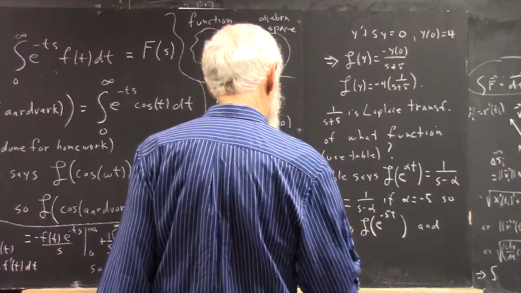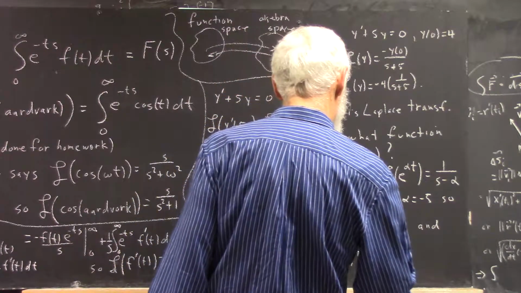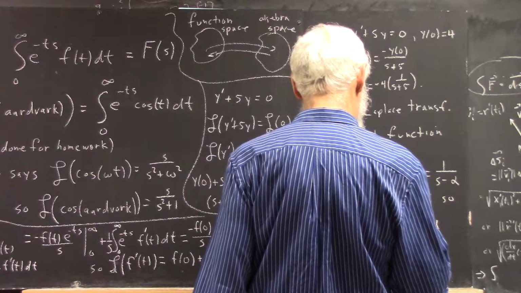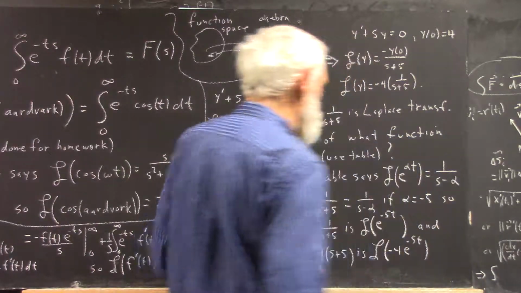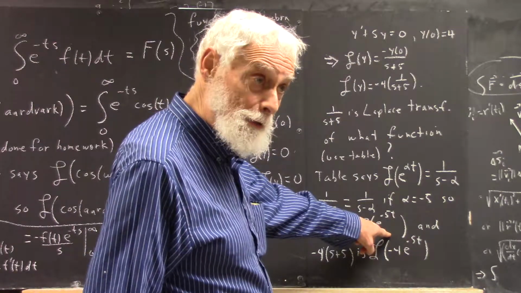And negative 4 times 1 over s plus 5 is the Laplace transform of negative 4 e to the negative 5t. Because, of course, if you integrate this, you get negative 4 times whatever you get when you integrate this, right?